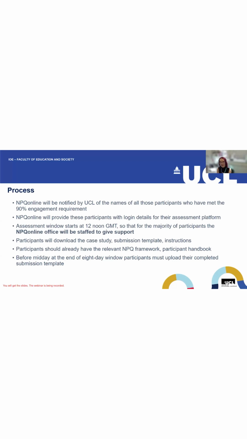So it's not on UCL Extend at that point. The assessment platform is separate. You still have access to UCL Extend though. The assessment window starts at 12 noon. And at that point, the MPQ Online office will be staffed to give you support. So if you've got problems with things like logging in, it's MPQ Online that you need to contact, because we don't have access to that system.